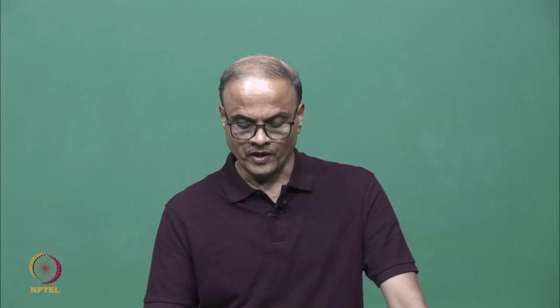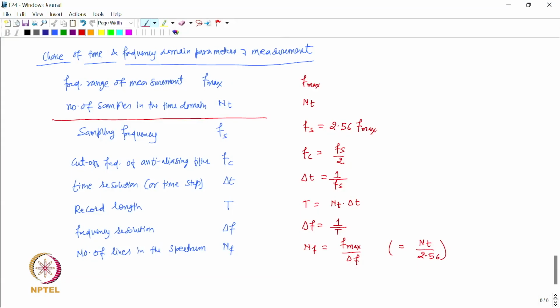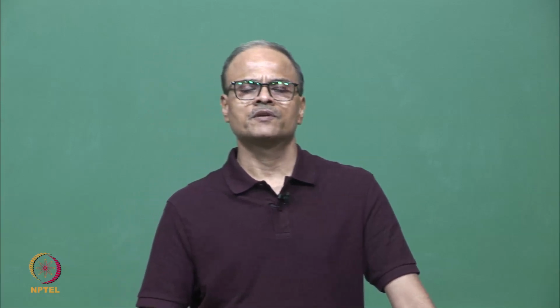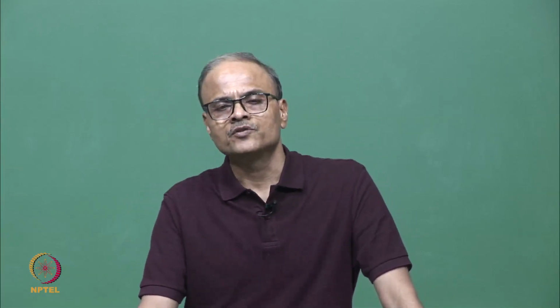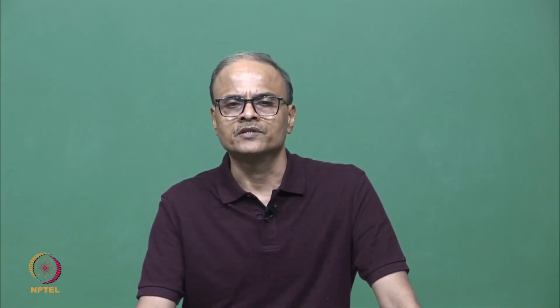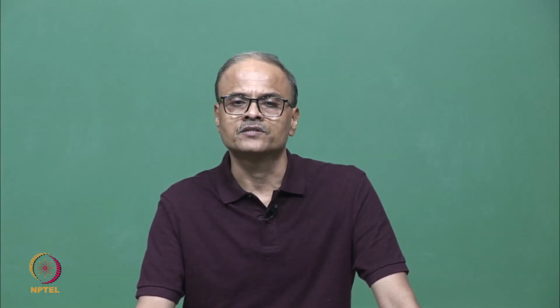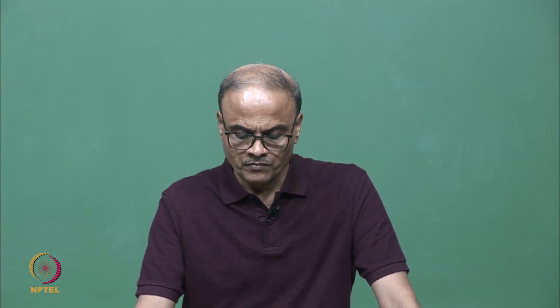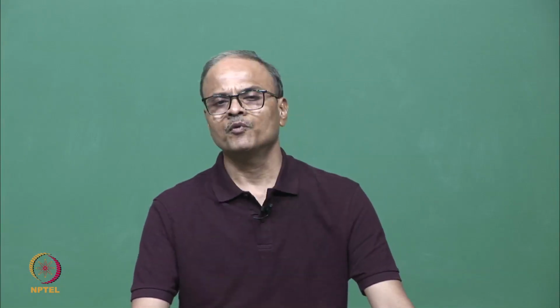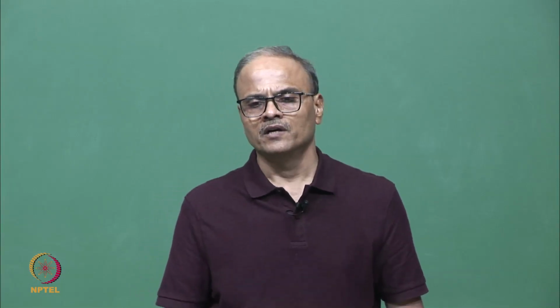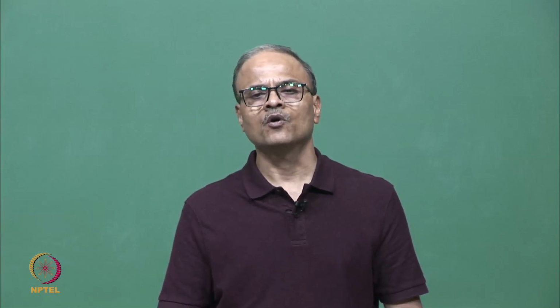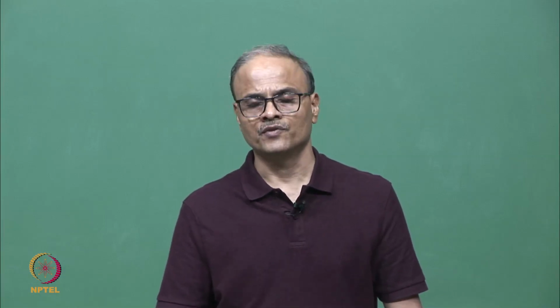Here we have the factor 2.56 in the equation for sampling frequency. If you recall, as per the Nyquist sampling theorem, the sampling frequency should be twice the highest frequency component present in the signal, which in this case we expect to be Fmax. So, the 2.56 factor is taken in order to compensate for the non-ideal characteristics of the anti-aliasing filter.